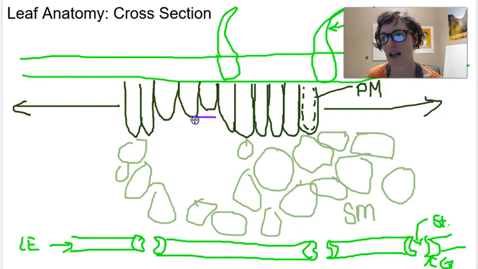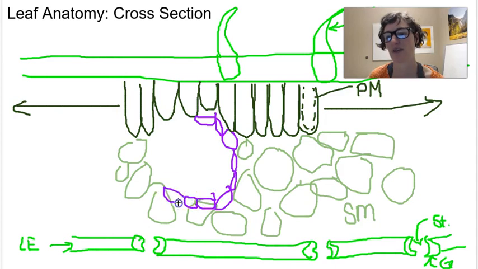Then we'll have, depending on the leaf, you may or may not really have a distinct bundle sheath around the vascular bundle, but I'm going to draw one just because. So this won't always be present or obvious.